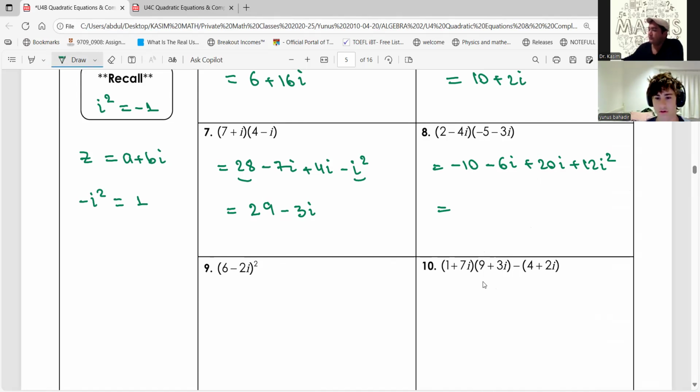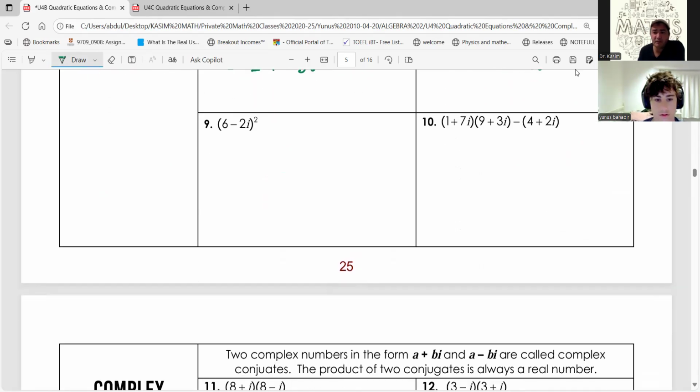So negative 10 and negative 12, negative 22. The real part is negative 22, and then plus 14i. That's it. Let's go a bit faster, Yunus.